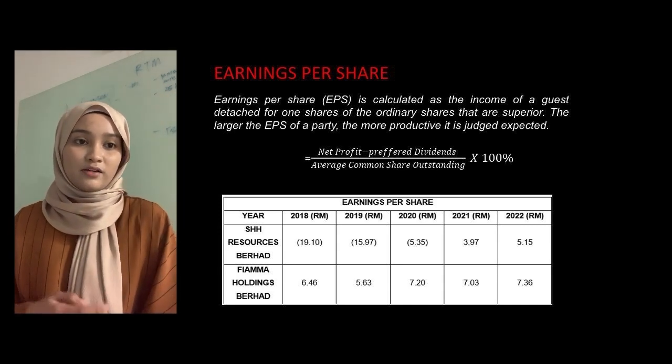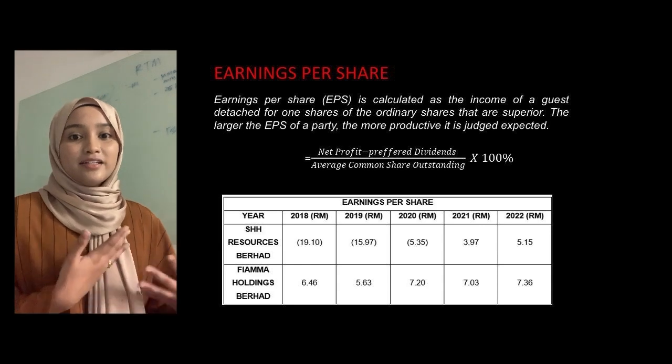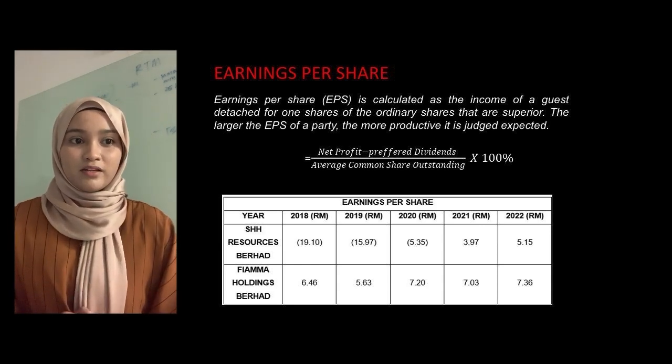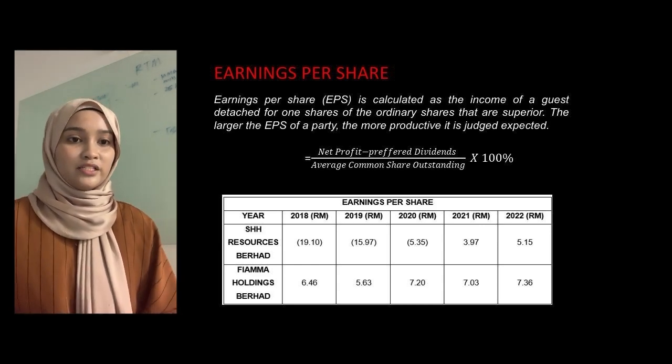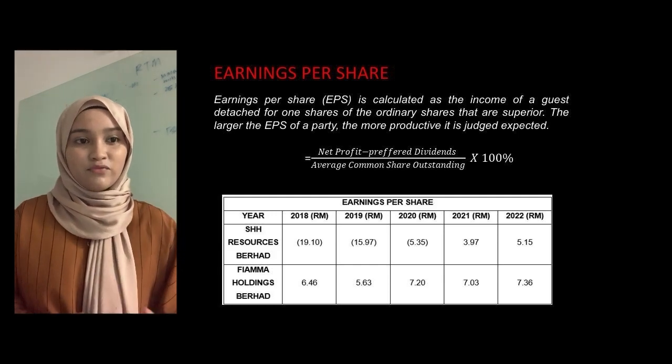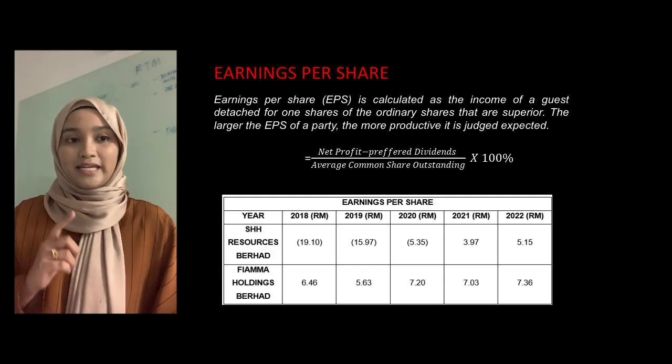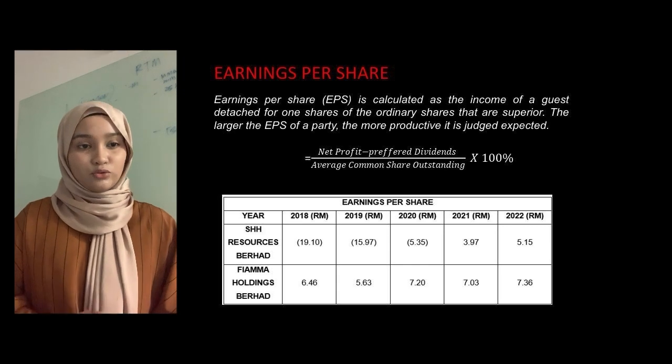So, as we can see in the diagram, earnings per share by year within 5 years from 2018 until 2022.